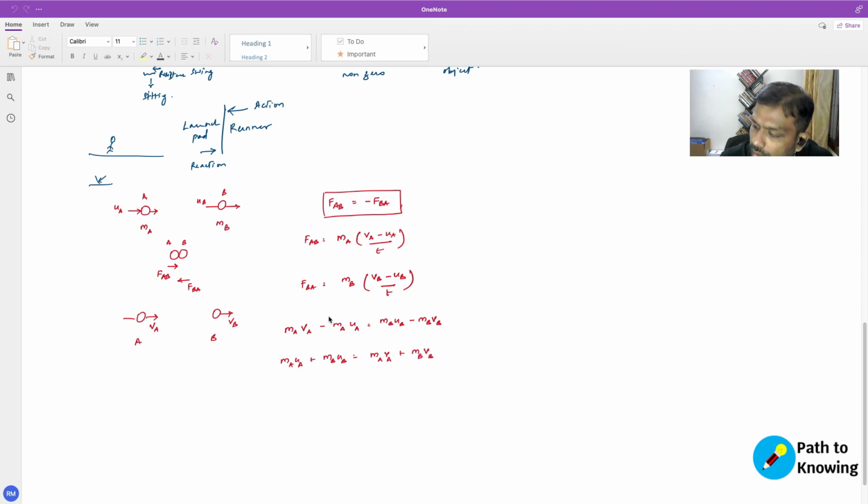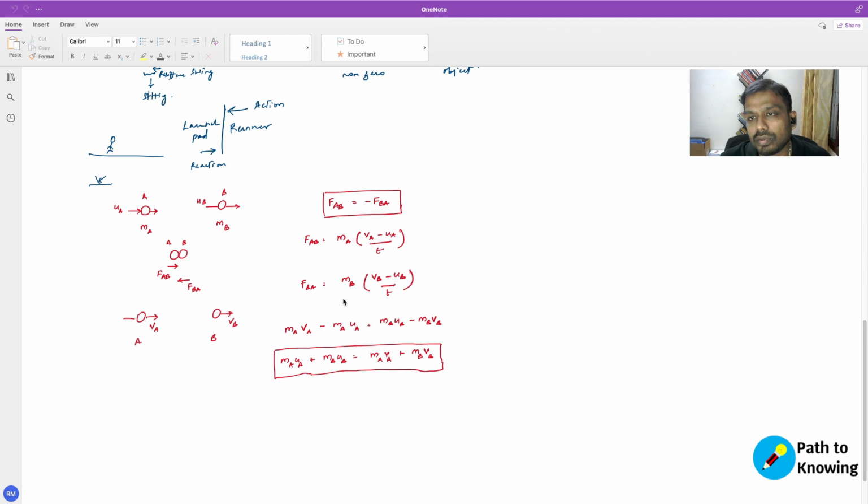So this is what you get. And if you notice, on the left-hand side, this is the initial momentum of the first object, which is object A, and this is the initial momentum of the second object, and this is the final momentum of the first object, and this is the final momentum of the second object.